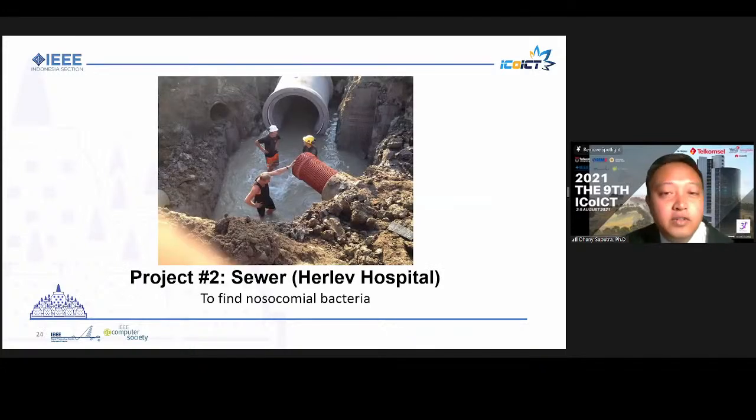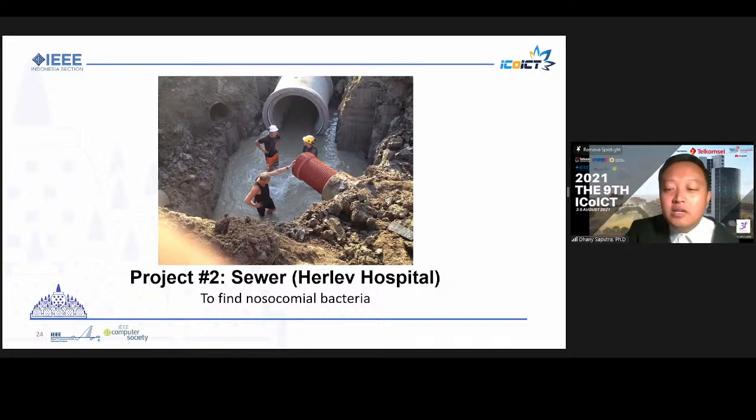Another project is, for example, finding nosocomial bacteria. If we come to a hospital, of course, the bacteria are everywhere. That's why we remember to take off our shirt after we're in the hospital, go home and wash it right away. That's because there are a lot of nosocomial bacteria in the hospital.